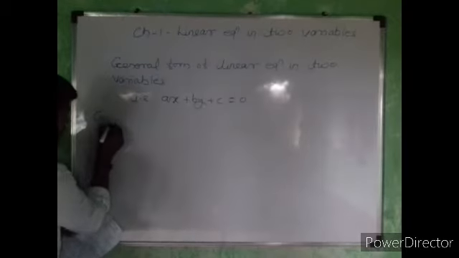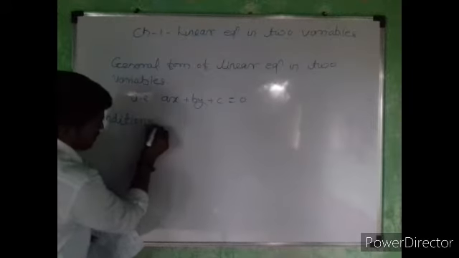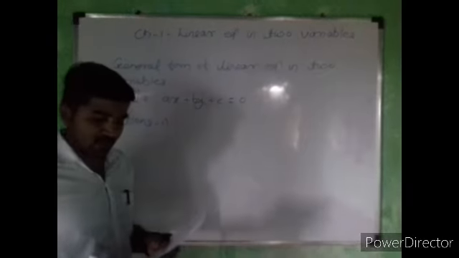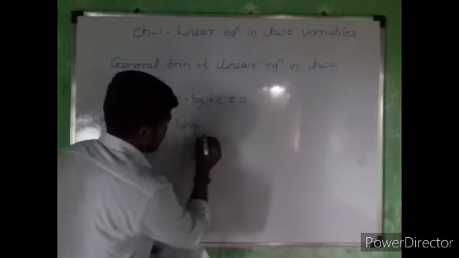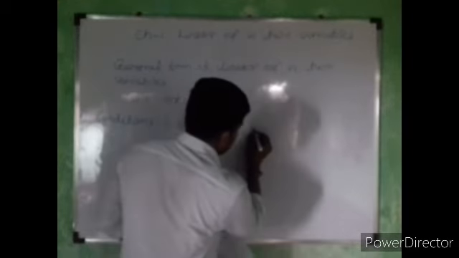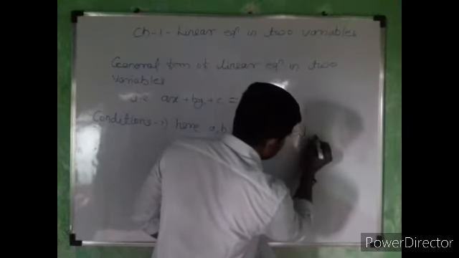Here in linear equation in two variables, the two conditions must be important. These are, condition first: here a, b, c are real numbers.